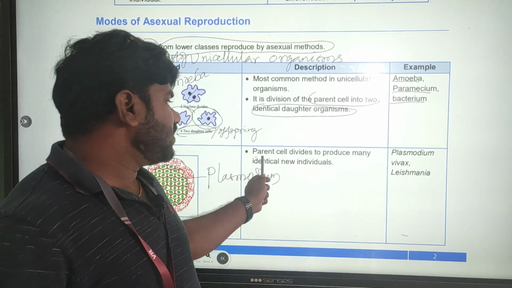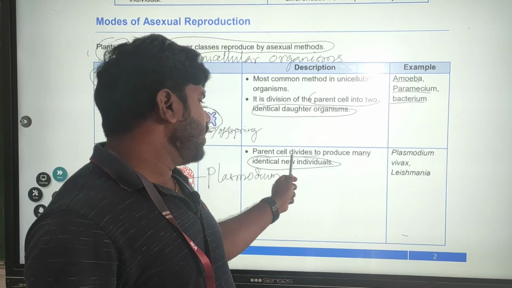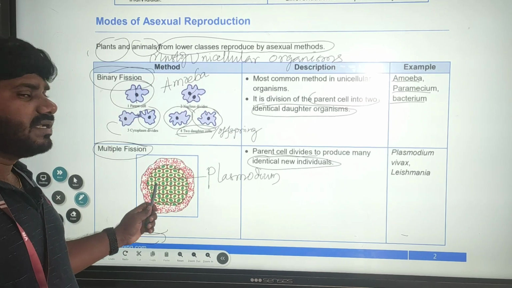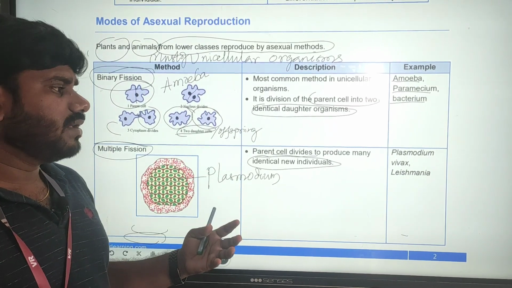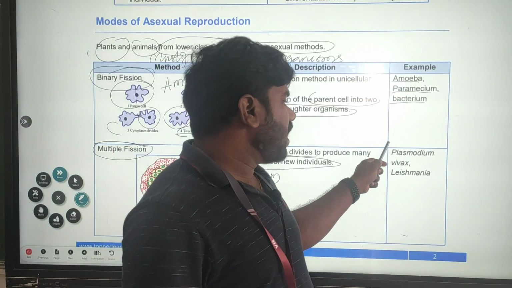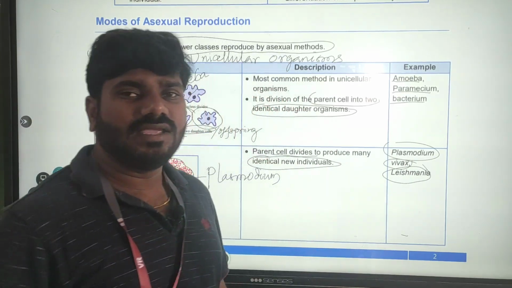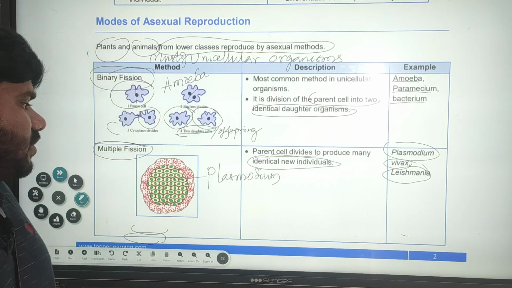You see the parent cell divides to produce many identical new individuals. That means one plasmodium can immediately reproduce multiple organisms. Examples are plasmodium, vivax, leishmania. These are some examples that reproduce through multiple fission.